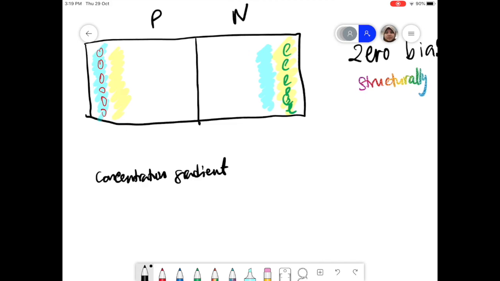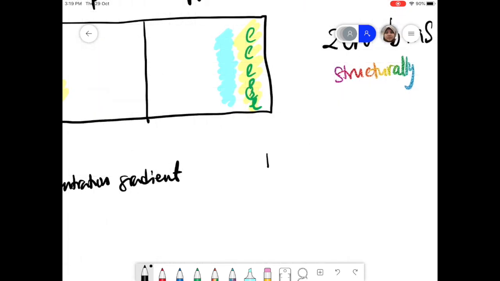Remember last time we talked about drift and diffusion current. Diffusion is due to the difference in concentration gradient.